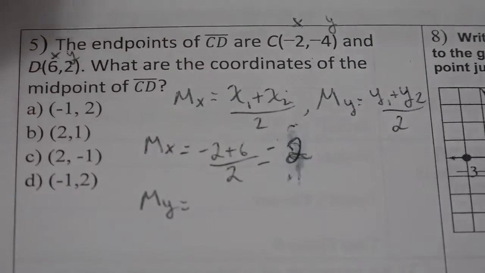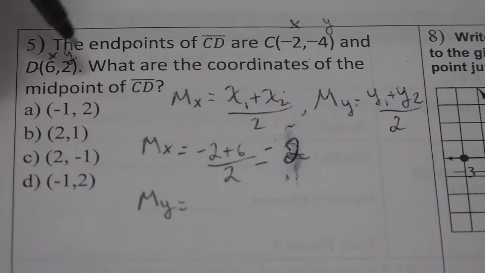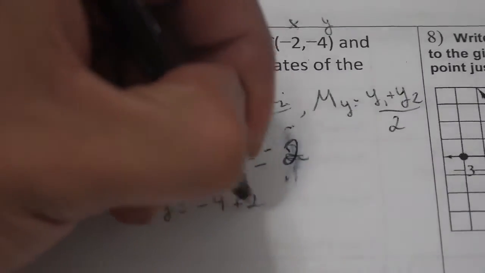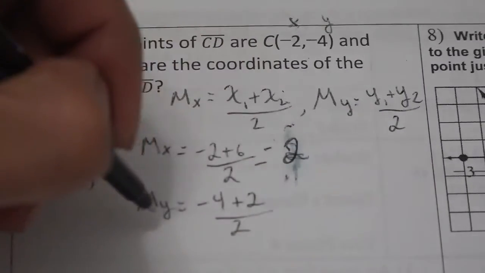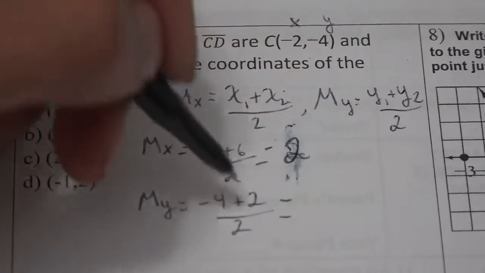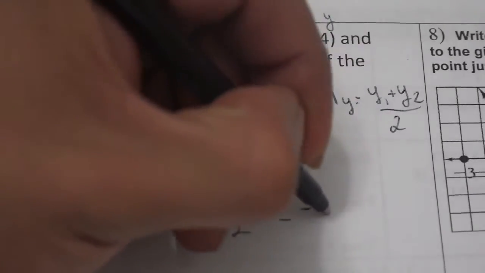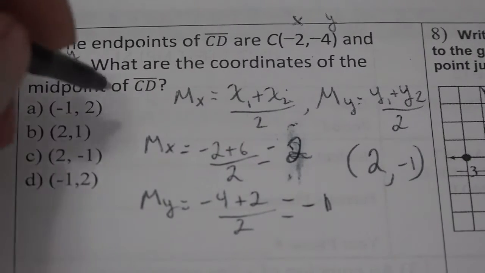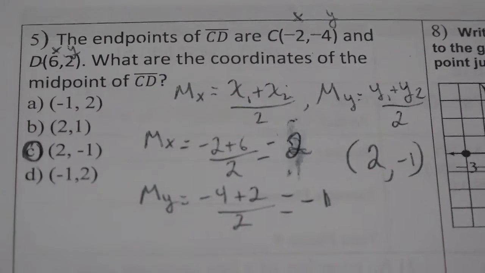So I'm going to add the y's. That'll be -4 plus 2. Negative 4 plus 2 is negative 2, divided by 2 is negative 1. Making my midpoint 2 for x and negative 1 for y. 2, comma, negative 1. Choice C is your right choice.